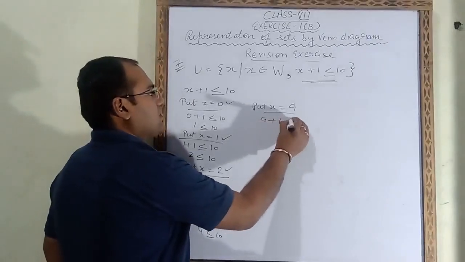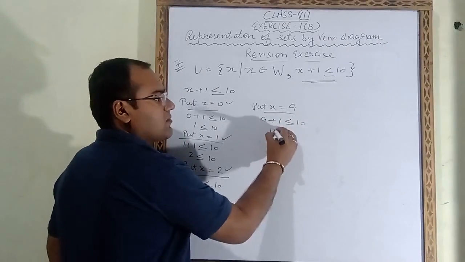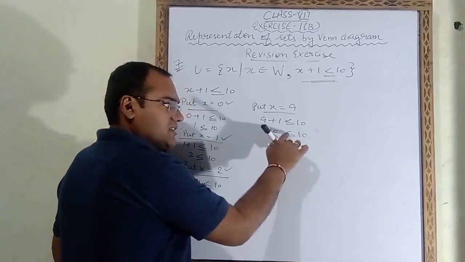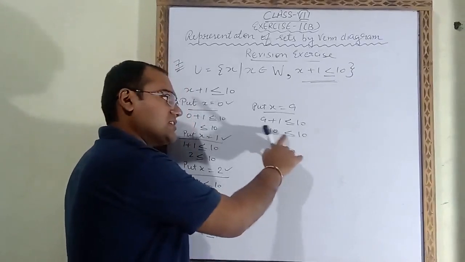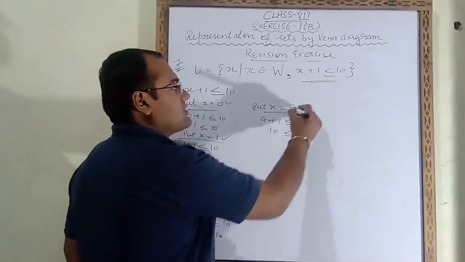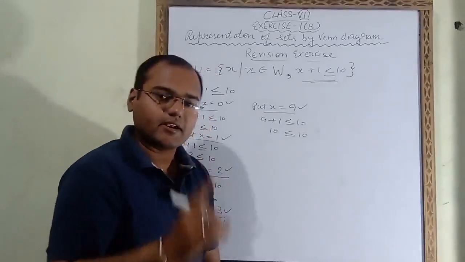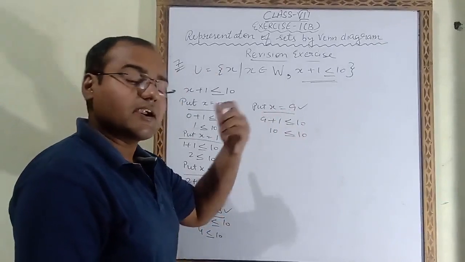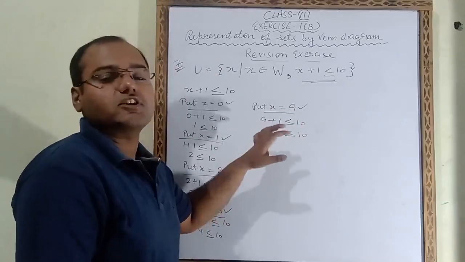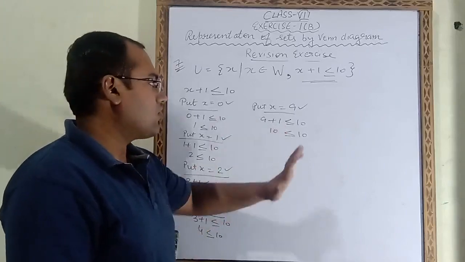9 plus 1 is less than or equal to 10. 9 plus 1 will be 10. Is 10 less than 10? No. But the equal sign is there. Is 10 equal to 10? Yes. That means this statement is also correct. After 9, if we put 10, the answer will be greater, so that statement will be false and we will not show that value.